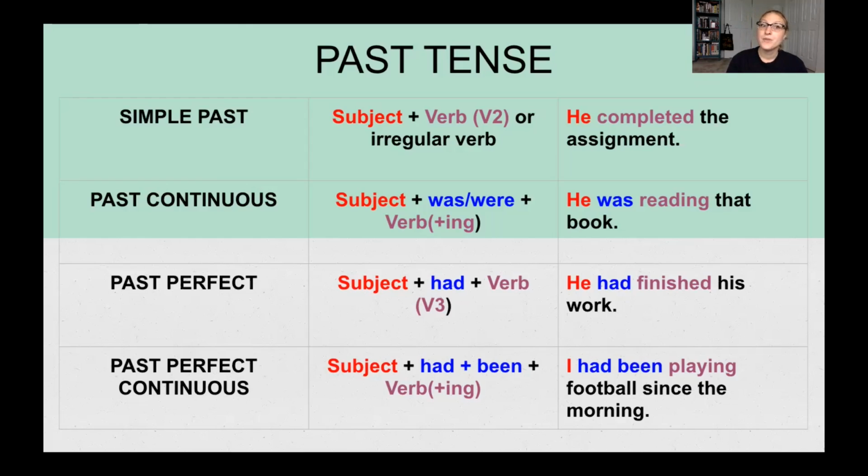Now, let's get into some past continuous. In this case, we start out with our subject. Great, we have our subject. Then we go into was or were, past tense helping verbs in this case, because we're going to add an action verb with an ing at the end.